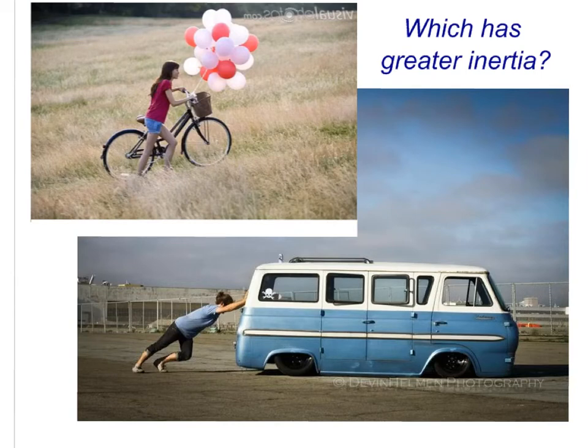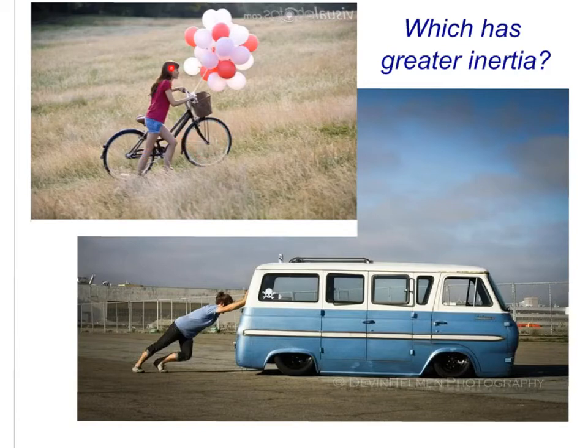So which object has the greater inertia? This bicycle or this van? Well, it's probably intuitively obvious to you that inertia also has something to do with the mass of an object. If you take an object like this, it has less inertia.